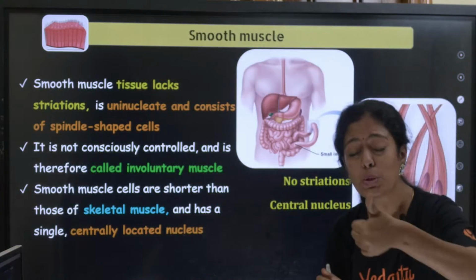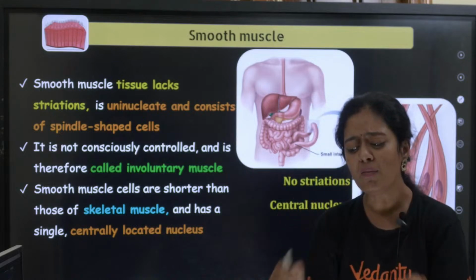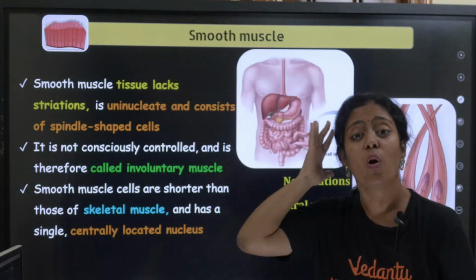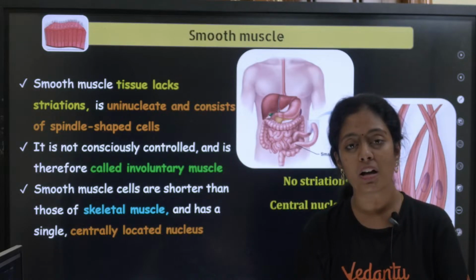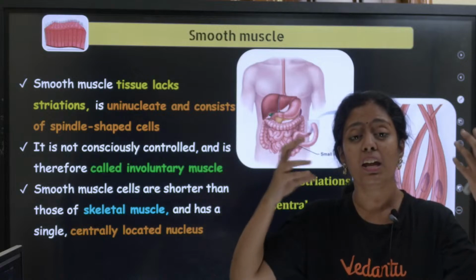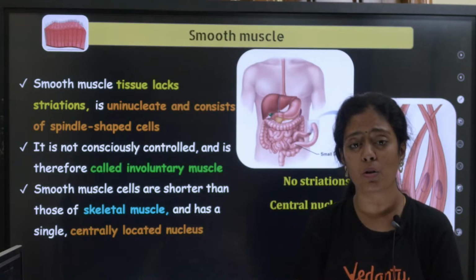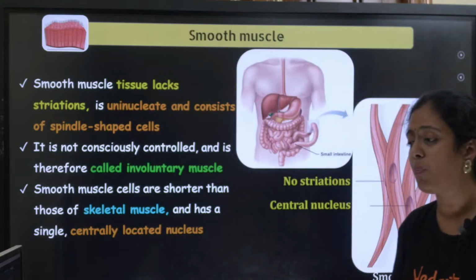Yes, your smooth muscles and cardiac muscles are involuntary in nature. What is involuntary, guys? They are not under the control of your mind. Whether it is my stomach or my heart, it does not need me or my brain to tell it to do its work. It keeps working.